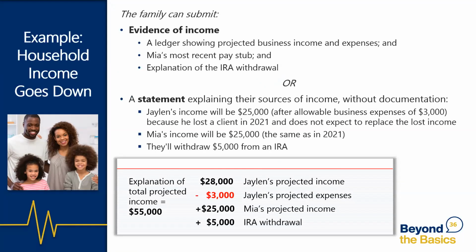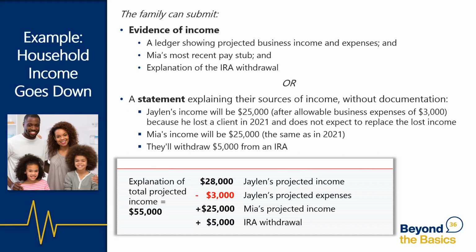So what can the family do in this 90 days to resolve this? First of all, they can submit evidence of their income. Jalen can submit a ledger that shows his projected business income and expenses. Mia can submit her most recent pay stub, and they can just explain the IRA withdrawal.